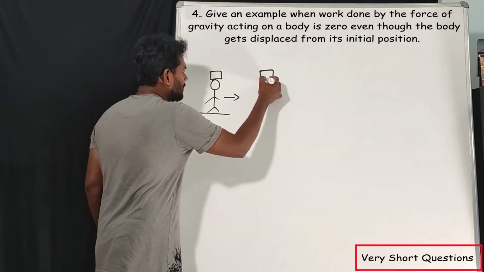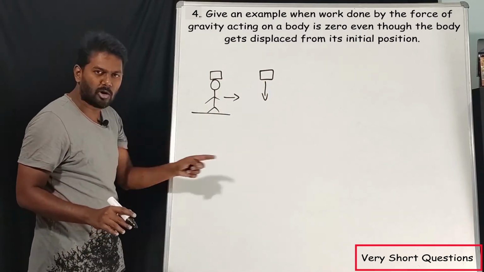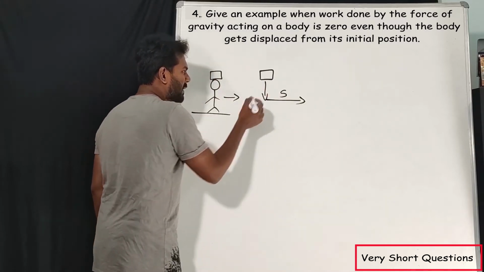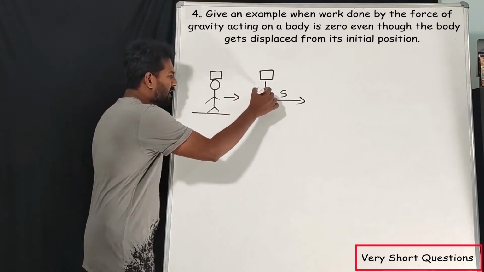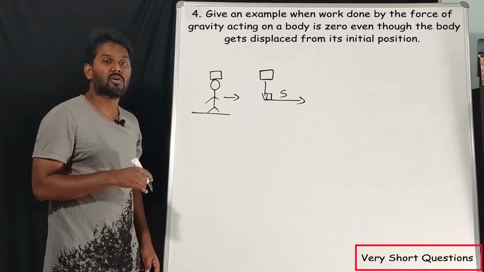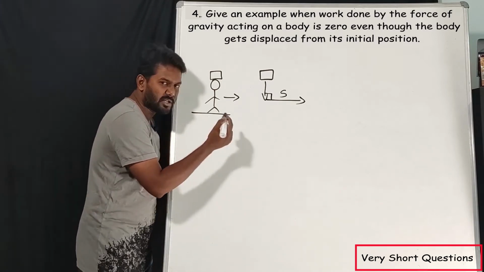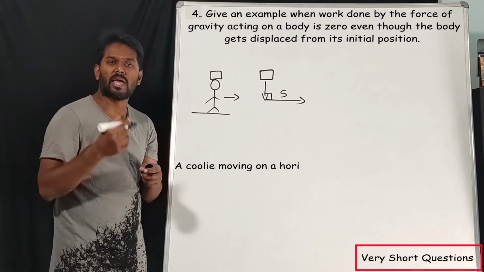The luggage weight is the force acting in the downward direction, and the displacement is perpendicular to the direction of force. If it is perpendicular, that is 90 degrees. The work done is 0 when cos theta is equal to 0, that is, theta is 90 degrees. So when theta is 90 degrees, there will be no work done. So how can you write it in the exam?